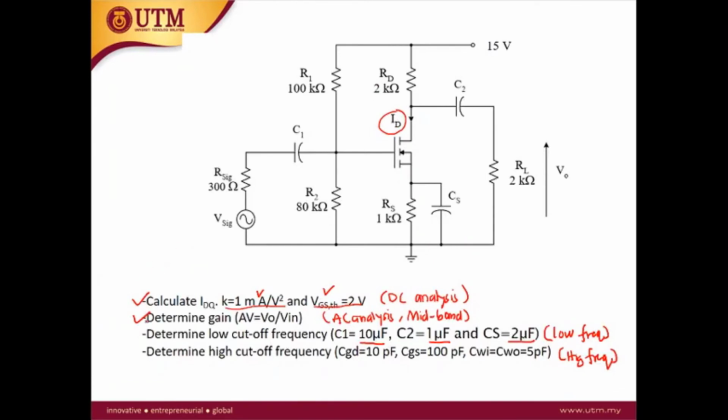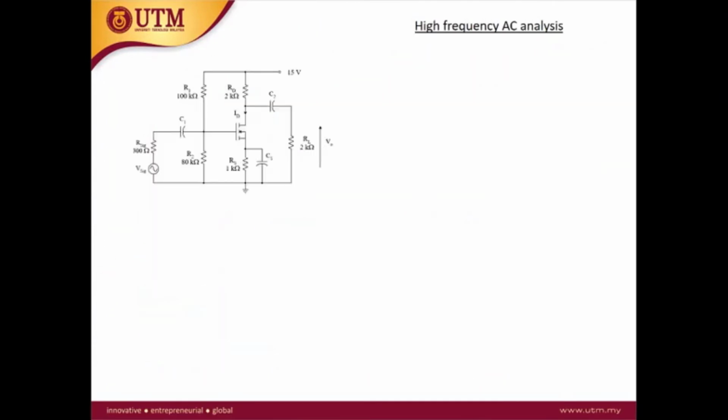Okay, the last analysis is the high cutoff frequency. This is given: the CGD is 10 picofarad, CGS is 100 picofarad, CWI equal to CWO equal to 5 picofarad.